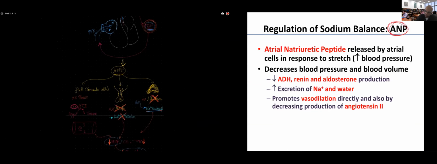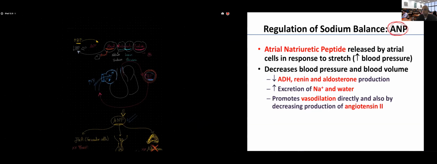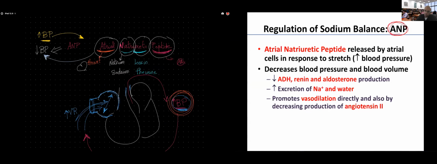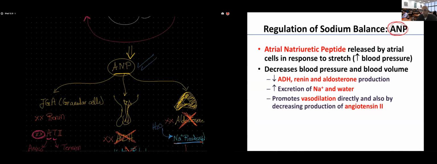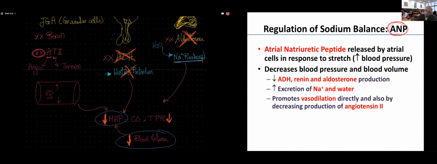ANP is released from the heart to reduce the blood pressure. This is again the hormone we are talking about here, atrial natriuretic peptide. And you see here, this sodium that got released out in the urine is the reason why it's called atrial natriuretic peptide.